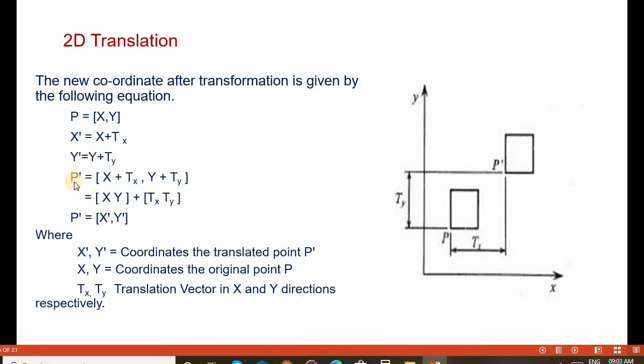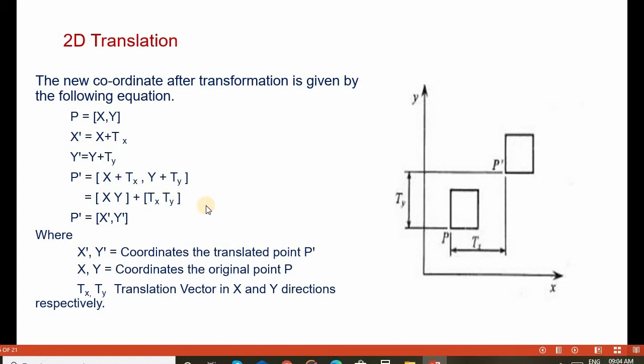So that we'll get the final translated point P dash. P dash is equal to (x plus tx, y plus ty), so finally we get x dash and y dash. The image shows P, the original object or original image.